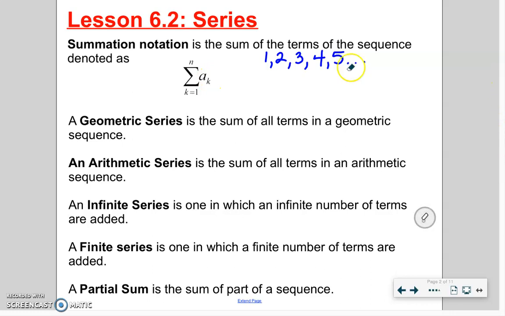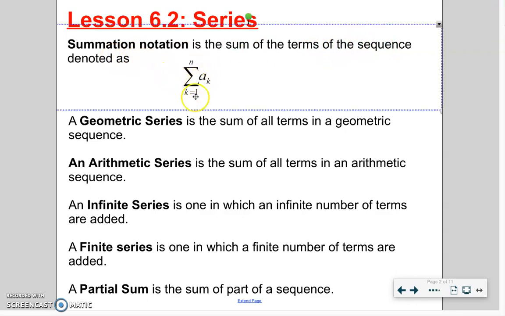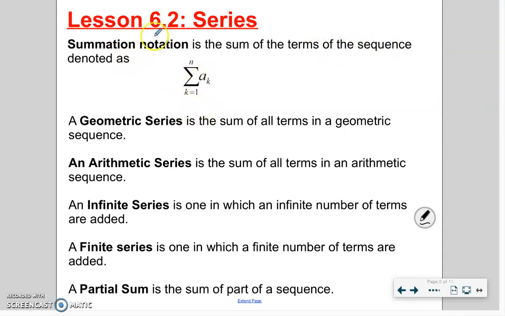So let me get this out of here. And we're going to start with summation notation. So that's what this little symbol is here. It says summation notation is the sum of the terms of the sequence denoted as, and this would be your summation notation.